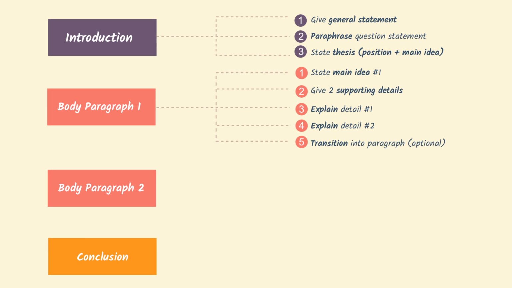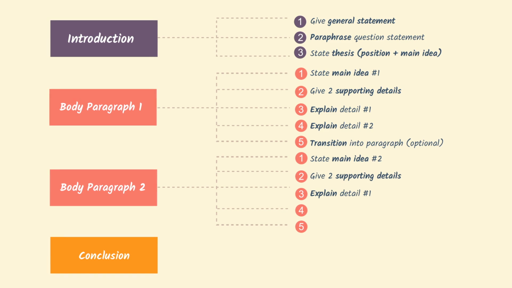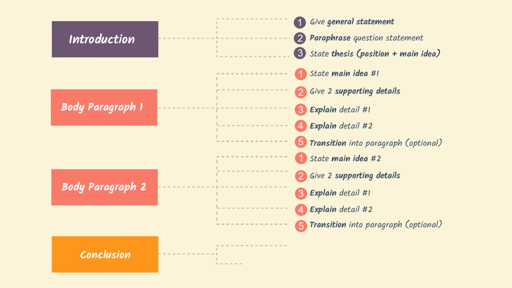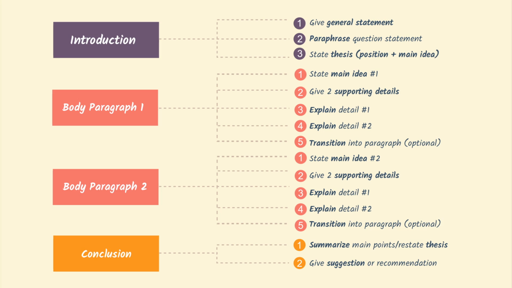You may write it or you may not, so it's not that important. Then we'll have the same structure for the second body paragraph: you state your second main idea, and then you give 2 supporting details. You explain detail 1 and then detail 2, and there would be a transition into the conclusion, which is, again, optional. And in the last paragraph, the conclusion, you summarize the main points or restate your thesis statement, and then you give a suggestion or recommendation.